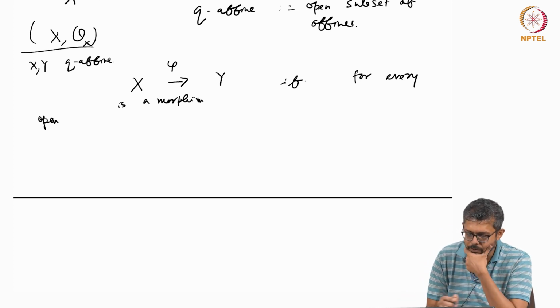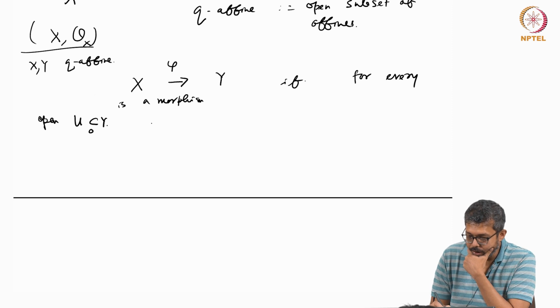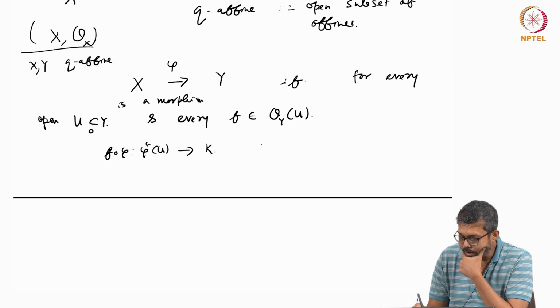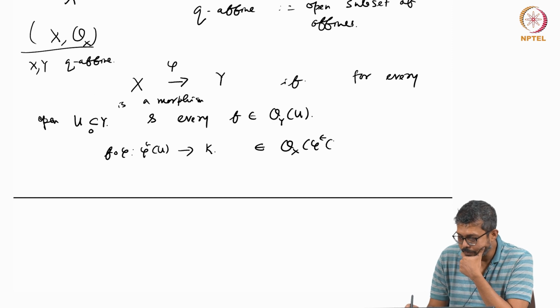If for every open U in Y and every f in O_Y(U), a regular function, this f composed with phi, which is a map from phi inverse of U to K, is regular. That means it is in O_X of phi inverse of U.